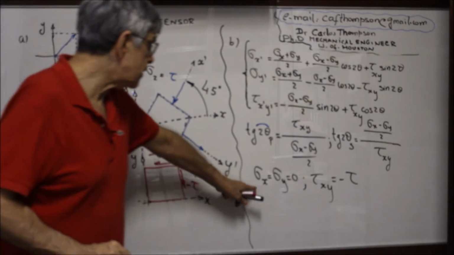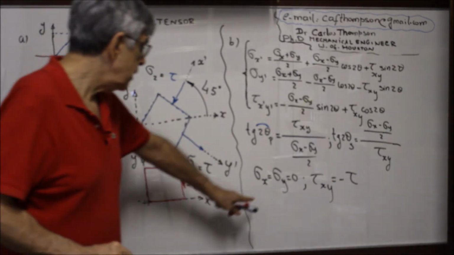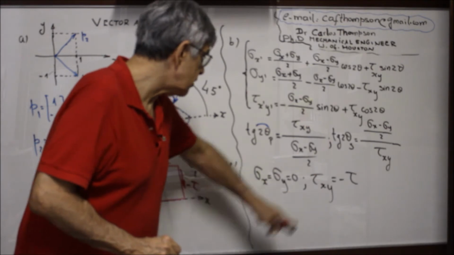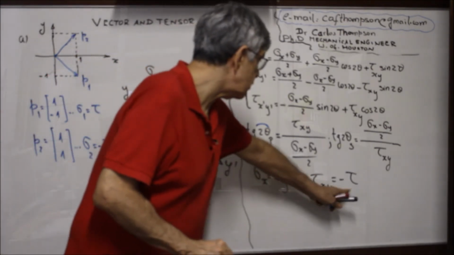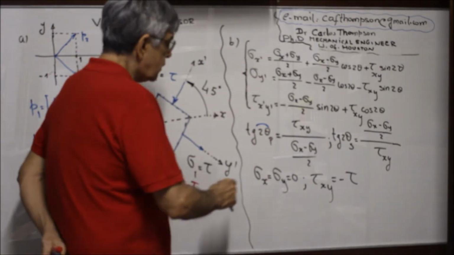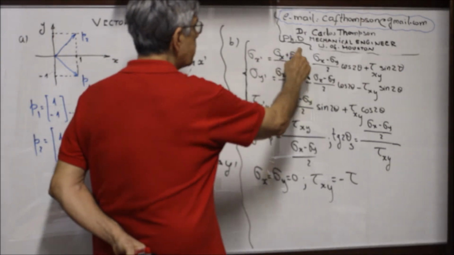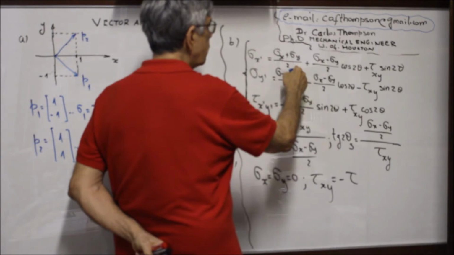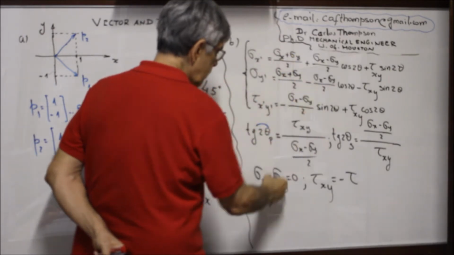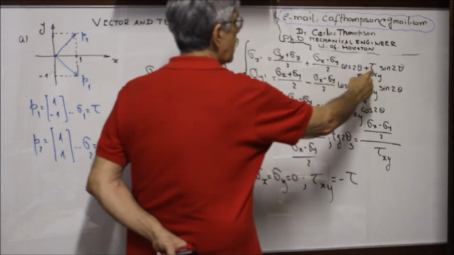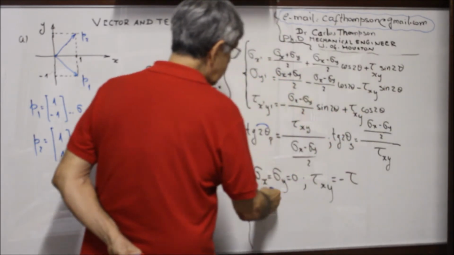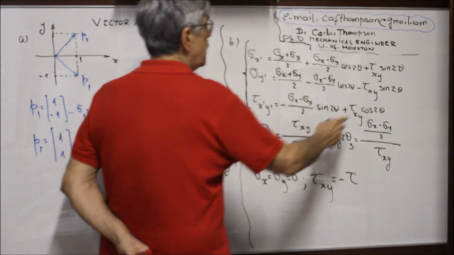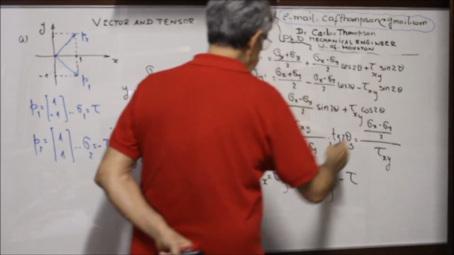You see, these are the input data. Sigma x is equal to sigma y is equal to 0. Tau xy is equal to minus tau. So sigma x plus sigma y over 2, this is 0. Now, tau xy, you see, sine of 90 degrees.